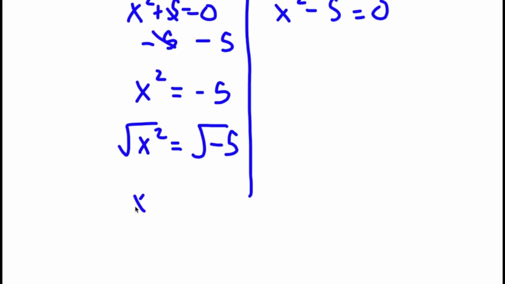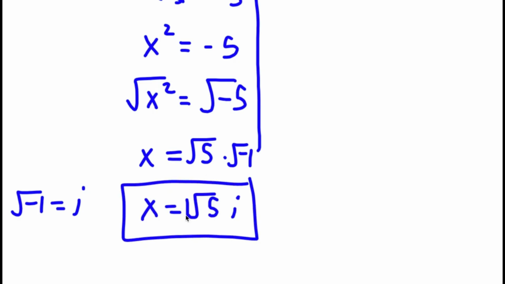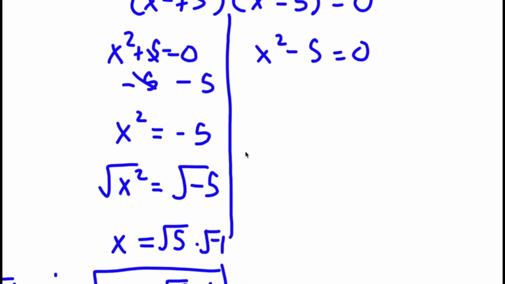Square root of x squared is x, and the square root of negative 5, that's going to be the square root of 5 times the square root of negative 1. Now the square root of negative 1 is equal to the imaginary number i. So now if I replace the square root of negative 1 with i, I get x is equal to the square root of 5i. So this is my answer. And this is actually positive or negative square root of 5i. So these are two solutions.